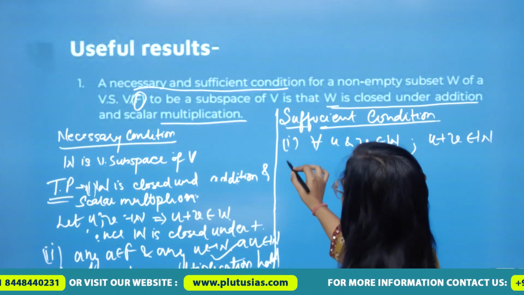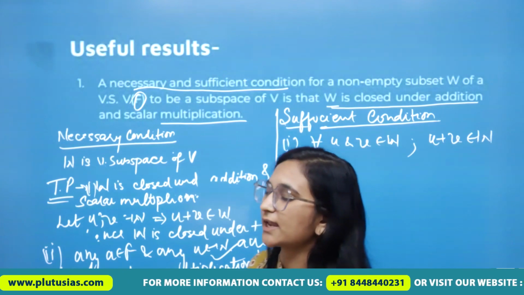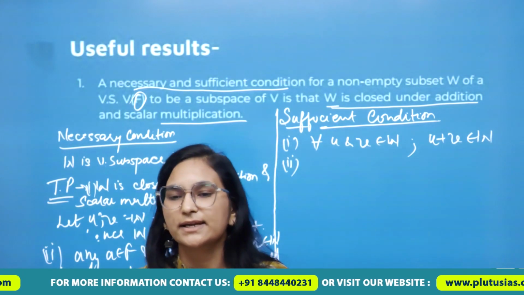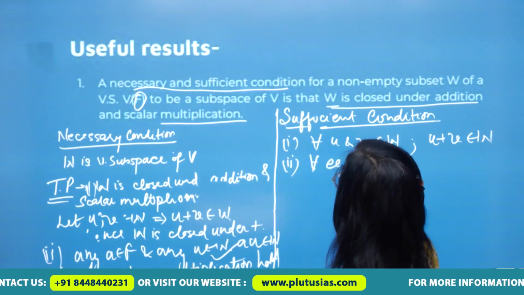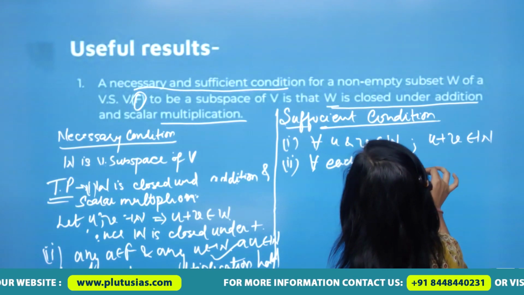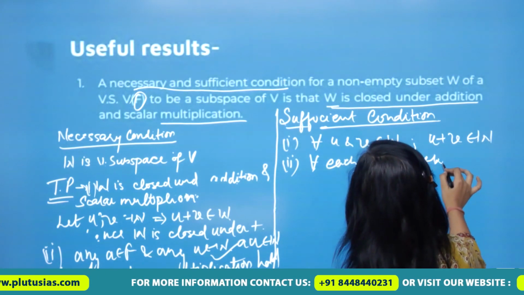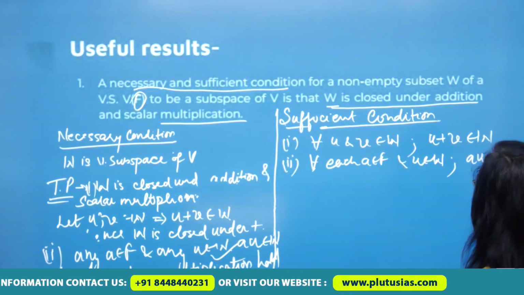And second part, we are given that W is closed under scalar multiplication also. What does that mean? That means for each a belonging to F and u belonging to W, a into u would also belong to W.